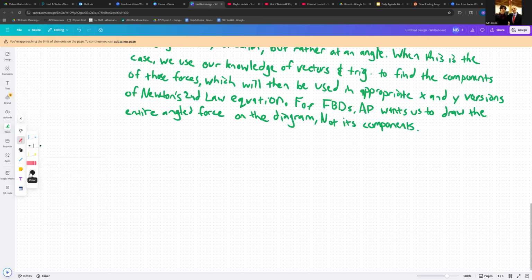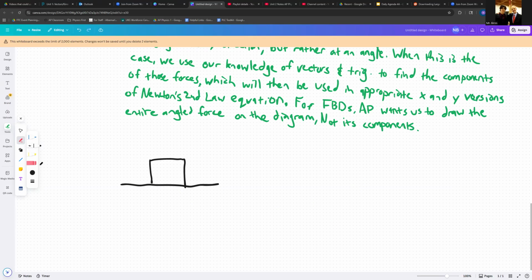Okay, so let's draw an angled force. I'm going to do sort of a scenario. We'll put the ground here, and there's a box or an object of some kind. And we're going to put a force on it. So we're going to act like so.